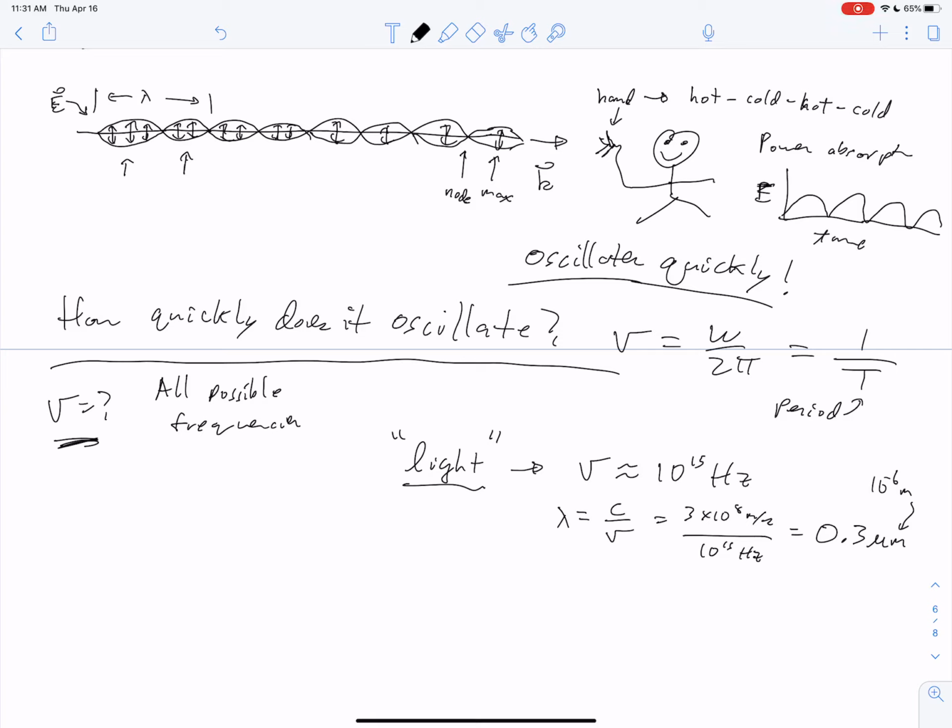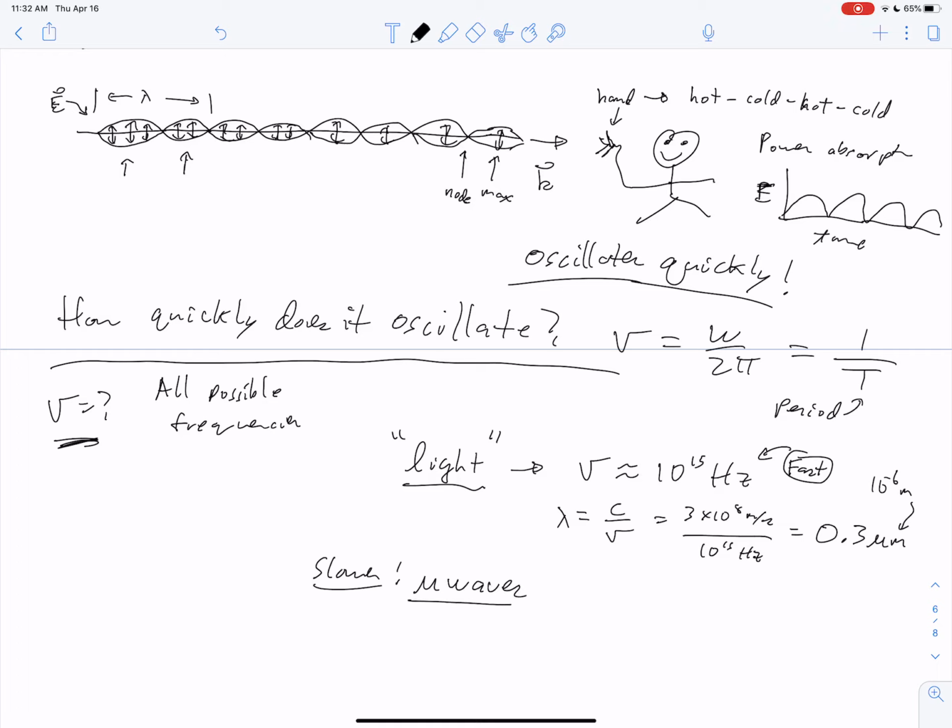So that's the wavelength of optical light. The wavelength is pretty small, depending on what you think is small, and it's fast. I think by anyone's standards, 10 to the 15 hertz is pretty fast. So it oscillates really fast. But there are other types of electromagnetic waves, and a slower one would be microwaves.